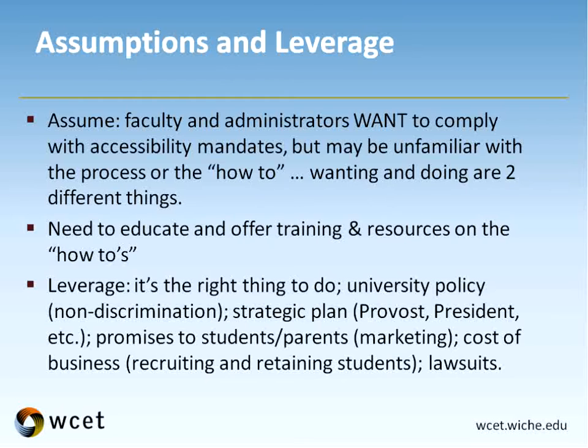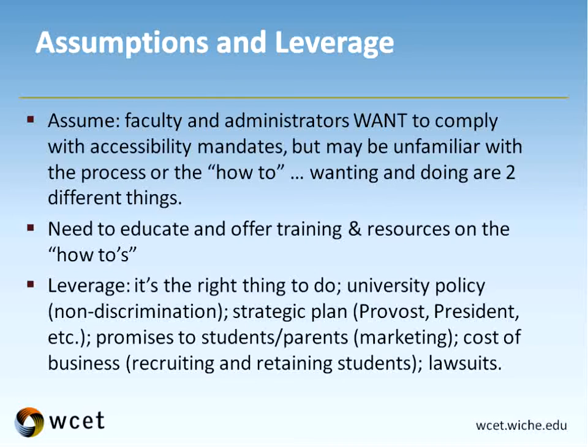So if you can leverage that existing strategic idea or plan relative to captioning and accessible kinds of things, that strengthens your argument sometimes with the administration. We as a university make marketing promises or assure parents and students that we provide equal opportunities so that everyone can benefit from all that the university has to offer. Again, something else that we can leverage. And certainly it's the cost of doing business.